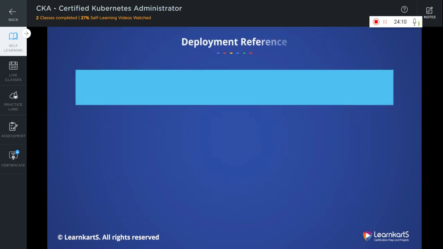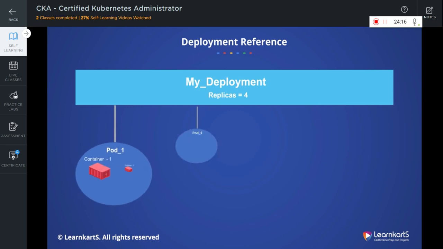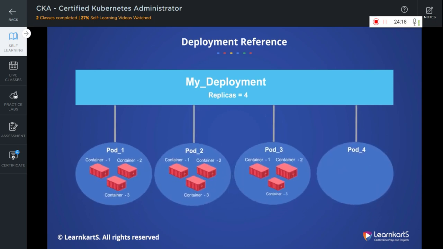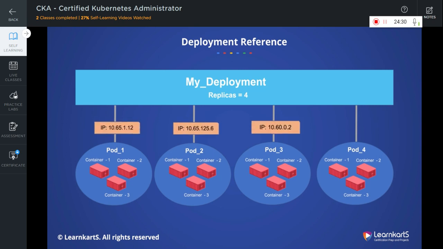Now, if you see this picture, you have four replicas, and in these four replicas, each pod is running three containers, right? So that's the pod definition. Whenever you have a deployment, all the pods within that deployment will be the same because they use the same pod definition. Each of them gets a different IP address.